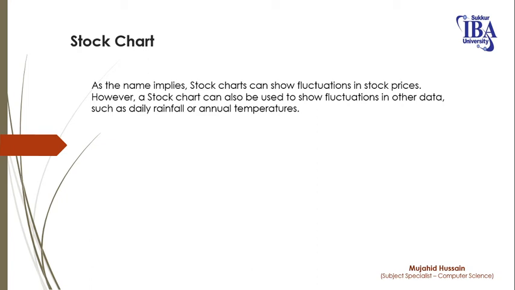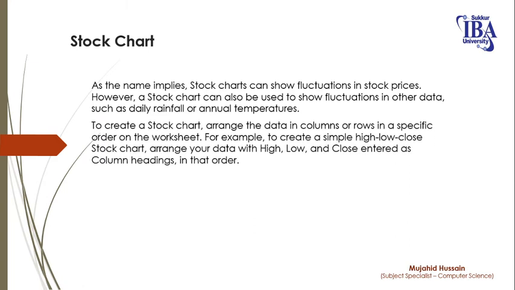However, a stock chart can also be used to show fluctuations in other data like daily rainfall or annual temperature, etc. To create a stock chart, arrange the data in columns and rows in a specific order on the worksheet. For example, to create a simple high-low-close stock chart, arrange your data with high, low and close entered as column headings in that order.